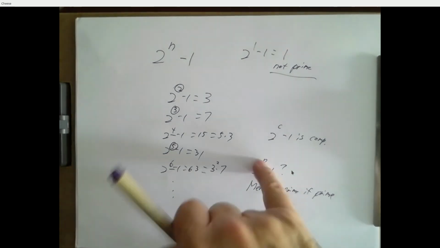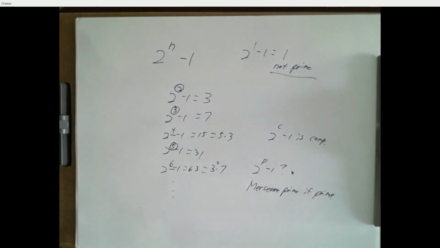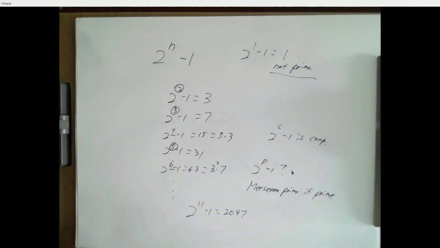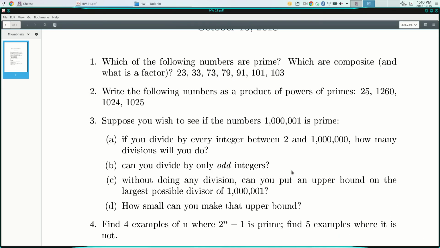But not every p has the property that 2 to the p minus 1 is prime. And I think 2 to the 11th minus 1 is the first time that fails. That gives you 2047. And what are the factors of that?